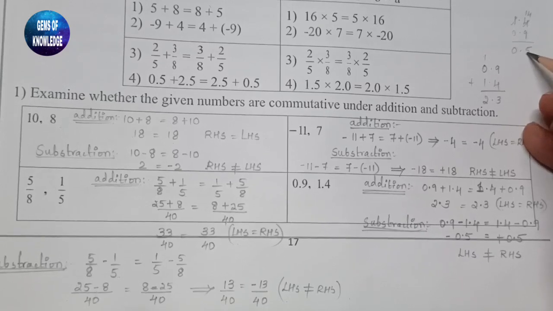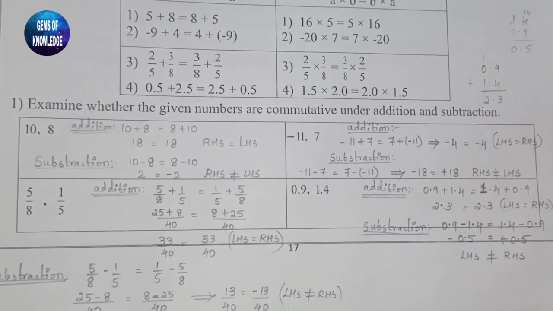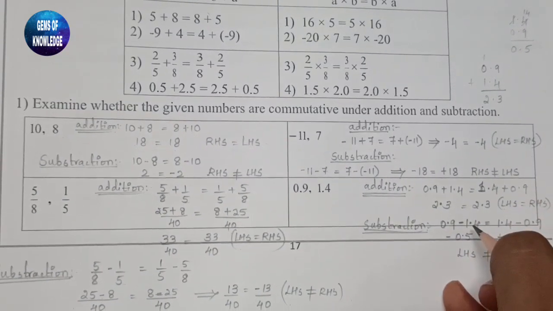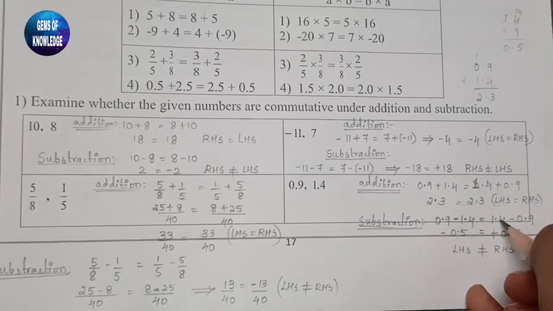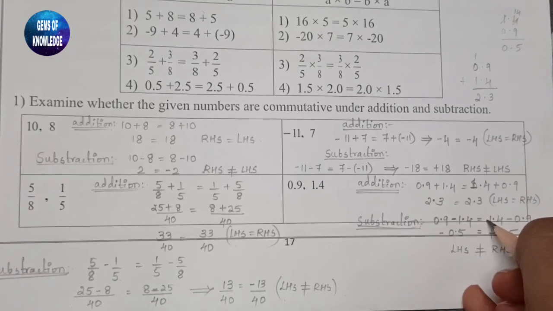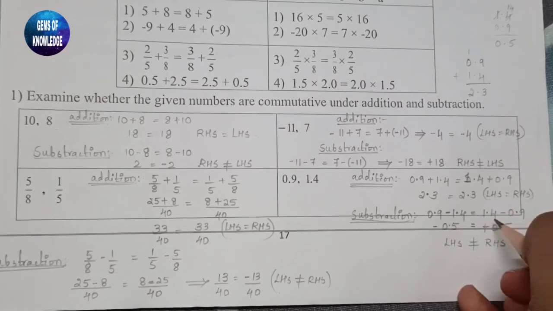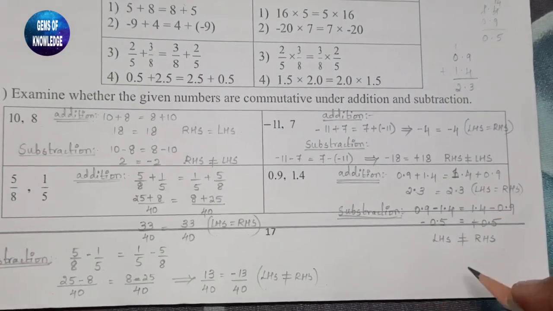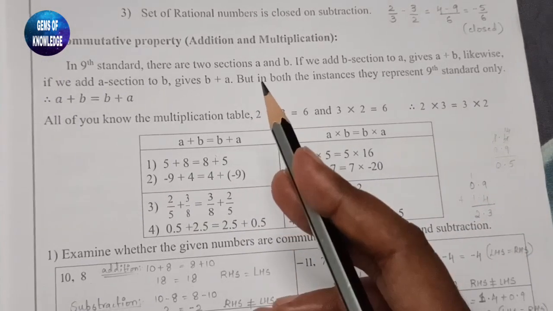So 0.5, and whichever is the greater number, that number's sign you are going to put. So here this is the greater number, so you are going to put a minus sign here, and here this is the greater number, it has a positive sign, so you are going to put a positive sign here. Again the sign difference, so LHS is not equal to RHS. This is the second property, that is commutative property.